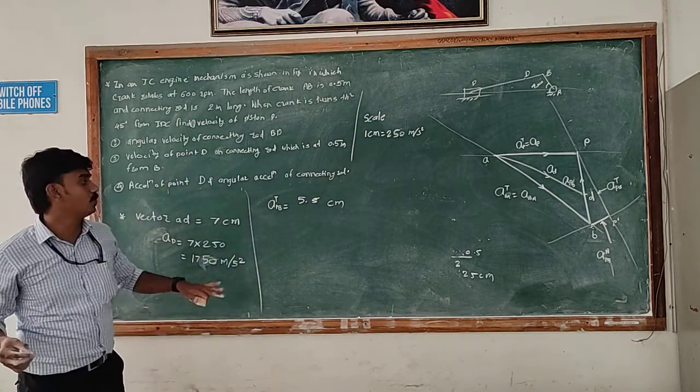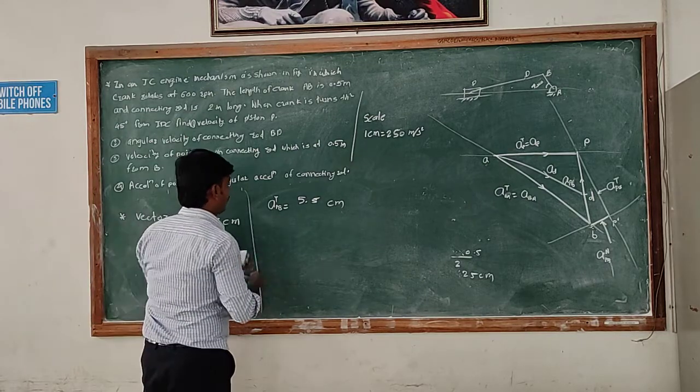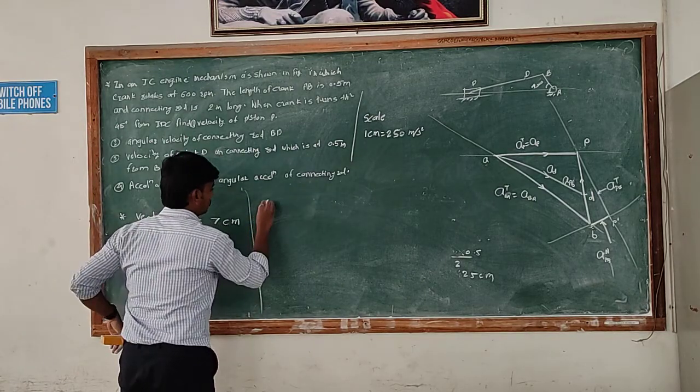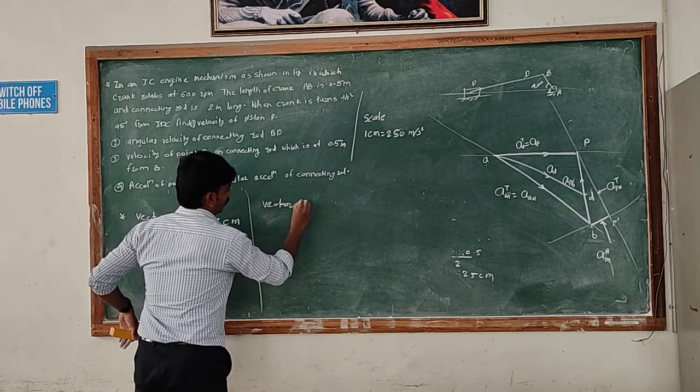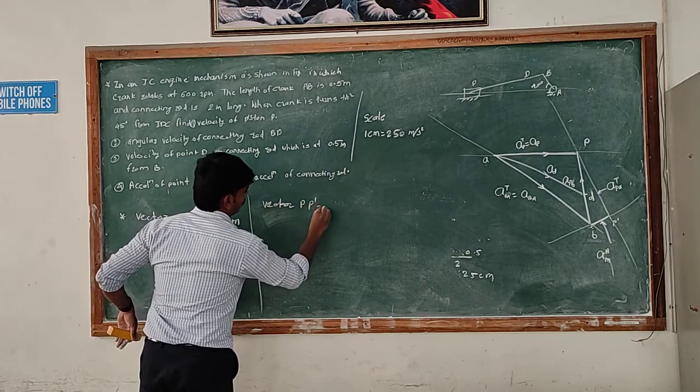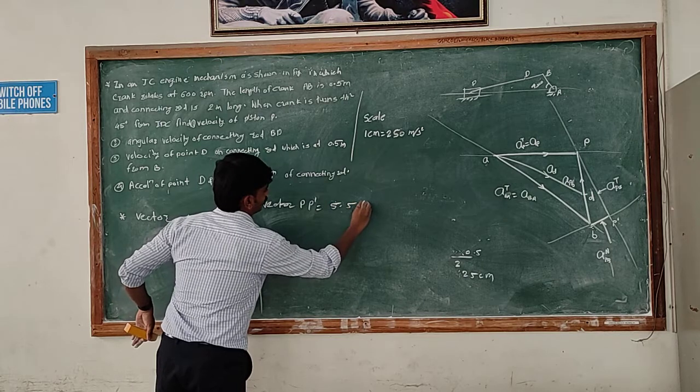Here the vector P to P dash is equal to 5.5 centimeter.